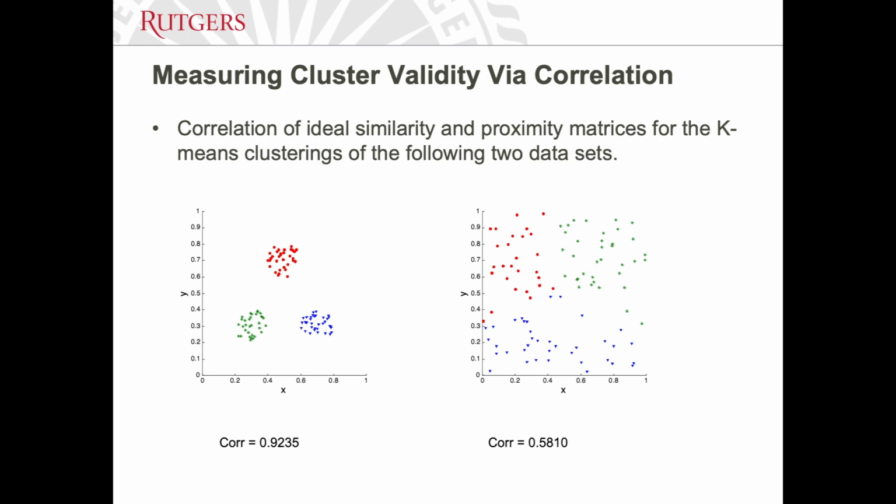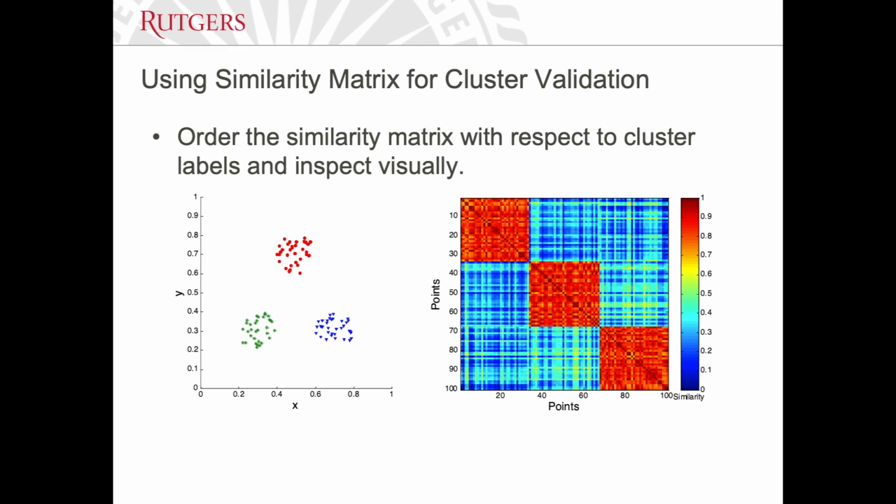So the ideal cluster would be the one whose points have a similarity of 1 to all points in that cluster and have a similarity of 0 to all other points in other clusters. In this case, the clustering on the left with a correlation equal to 0.9235 is much better than the figure shown on the right. So if we sort the rows and columns of the similarity matrix, all the points that are in the same class are grouped together.